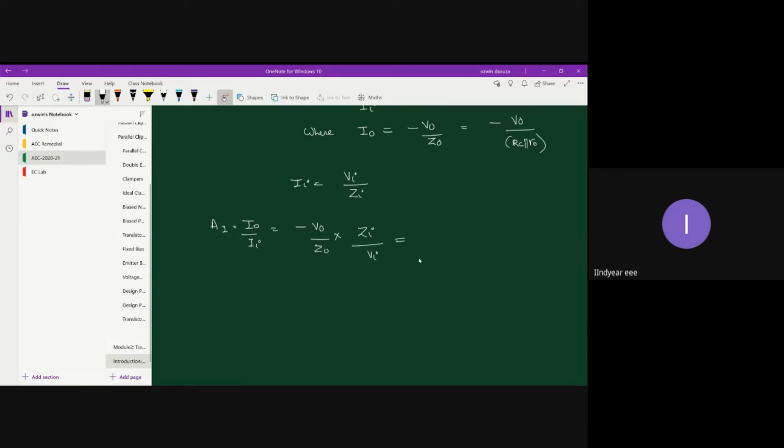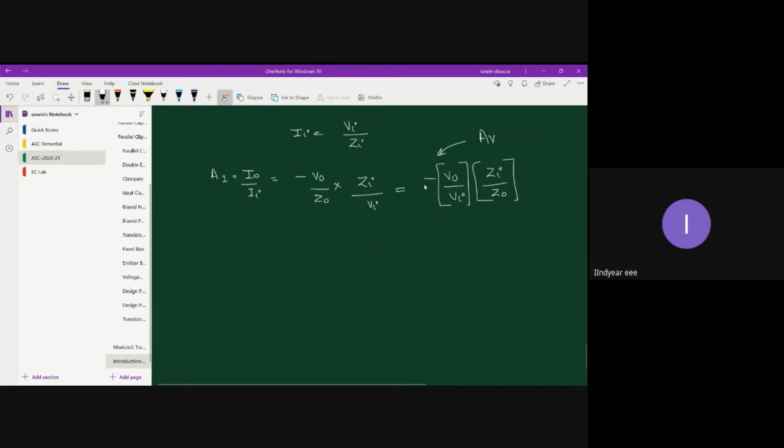Now let me rearrange the expression in such a way that I get the voltage ratio: V naught by Vi, into the ratio of two impedances, Zi by Z naught. What is V naught by Vi? This expression is the voltage gain, output voltage to input voltage.